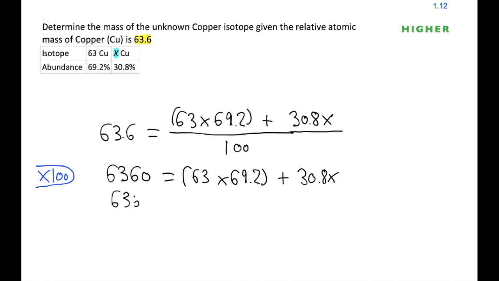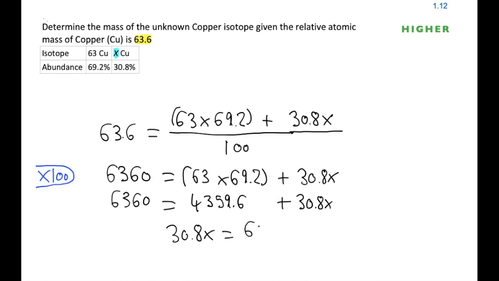So if we write this out again, 63 times 69.2 is 4,359.6. If we take away this number from both sides, we have 30.8x equals 6,360, take away 4,359.6.